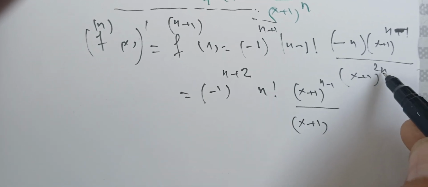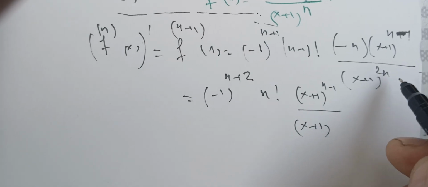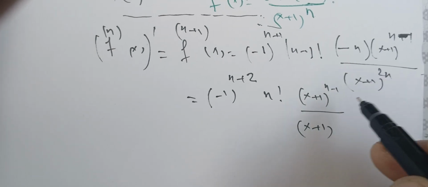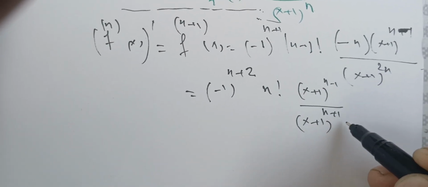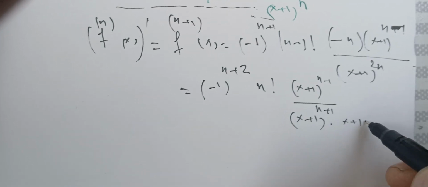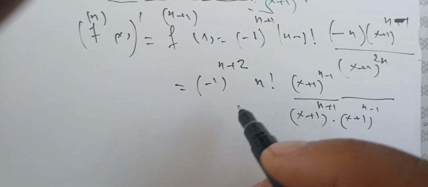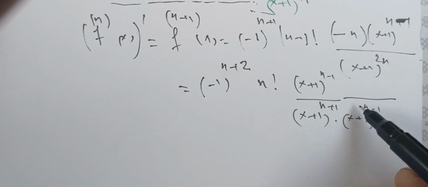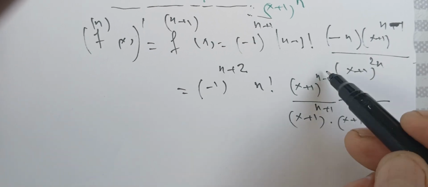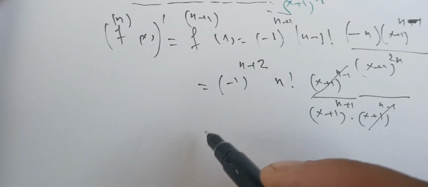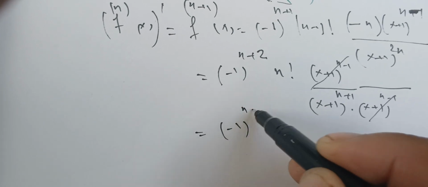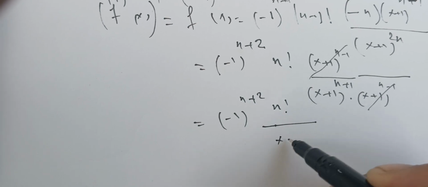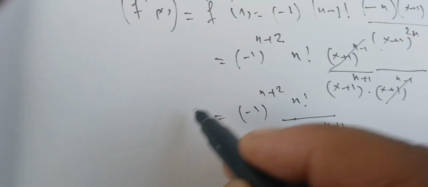We're going to split the 2n: I just added and subtracted 1, and I split the 2n into n plus n. So we have n plus 1 times x plus 1 to the power n minus 1. Now we can simplify, and I get minus 1 to the power n plus 2 times n factorial over x plus 1 to the power n plus 1.